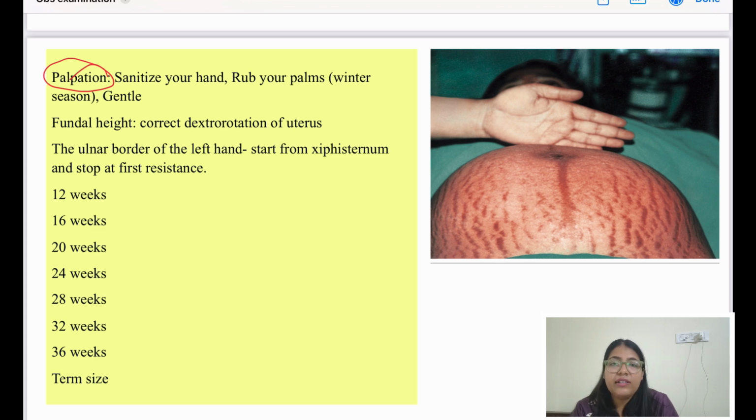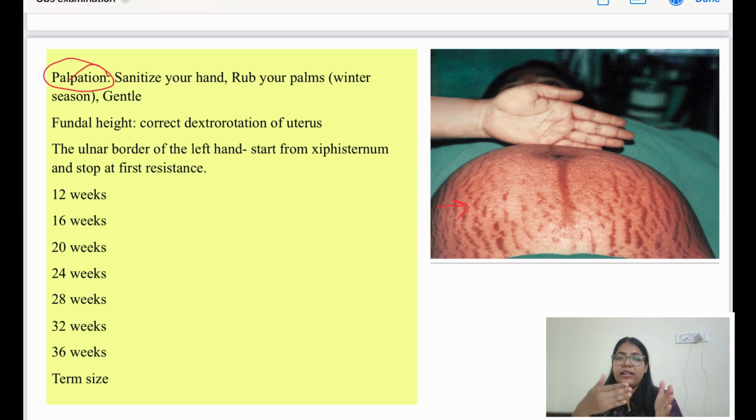Then first thing is you measure the fundal height. So how will you measure? You should first always correct the dextrorotation. So you can put your hand like this while you are standing on the right side of the patient. You have to measure the fundal height with the ulnar border of the left hand.